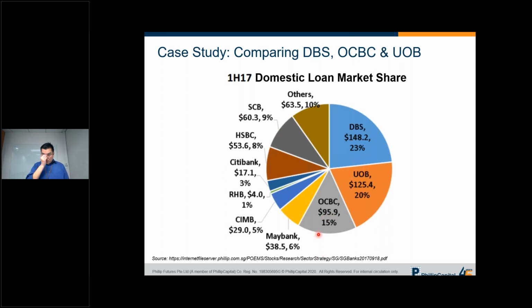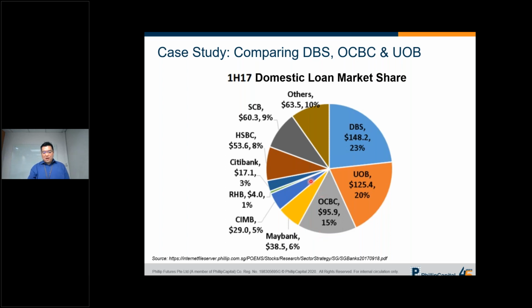And this is a trend that you need to take note of, because it's a trend wherever you go. Even in the US, you have JP Morgan, very big. In Hong Kong, HSBC has almost half of the entire market. But yet, they are not able to replicate their success in other countries, right?